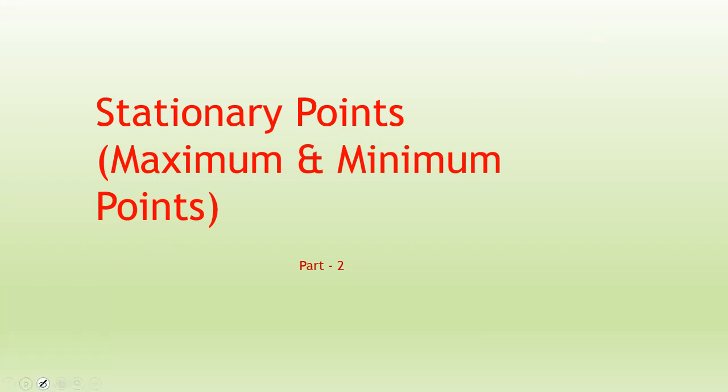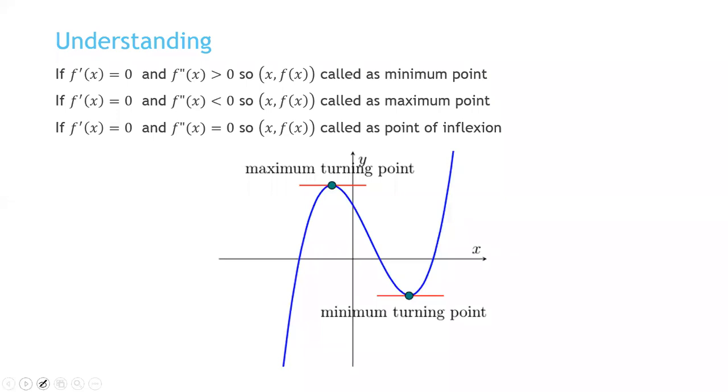I will begin with the understanding. I will review this concept: if the first derivative equals 0 and the second derivative of f(x) is greater than 0, then the coordinate point (x, f(x)) is called a minimum point or minimum turning point.